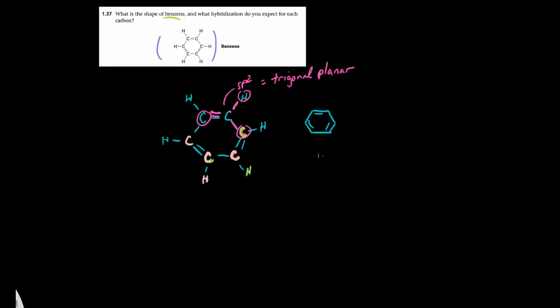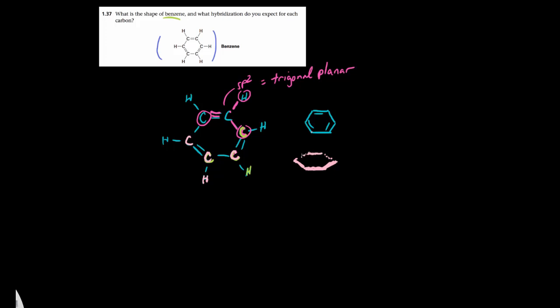So if you look edge on, benzene looks like this, and maybe I can put a little perspective in, so you can see these atoms coming out at you, and then these going back into the plane.